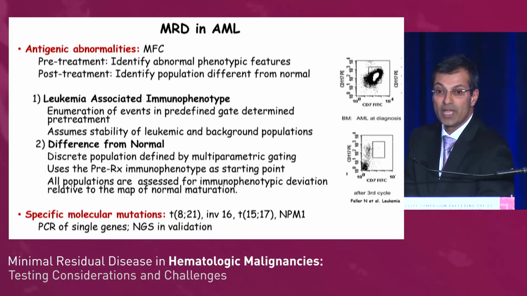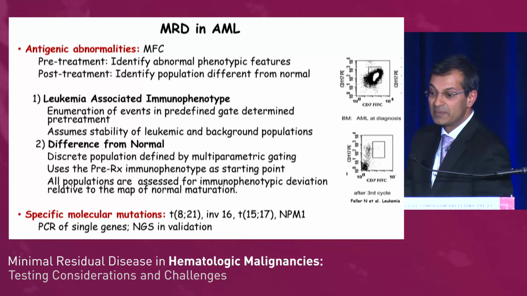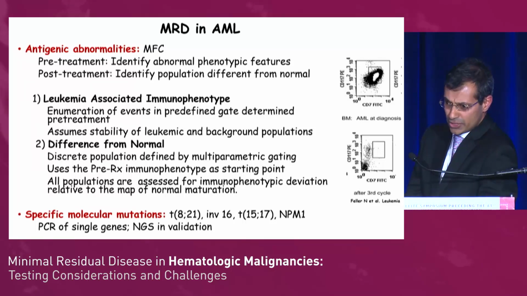When it comes to measurement of MRD in AML, now that's a completely different beast. In fact, the immunophenotypic principle for MRD detection is based on the principle that all these events that are acquired over time are captured. There are two predominant methodologies.